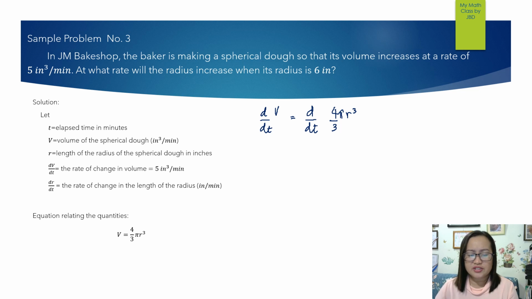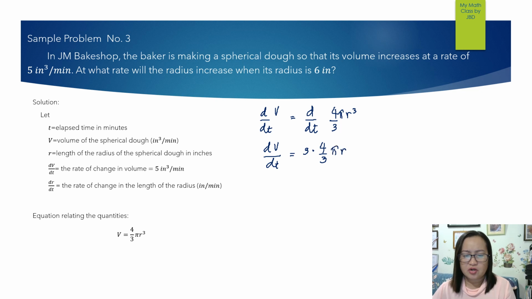Now, differentiating both sides of the equation, we will have dV/dt, and then we will have 3 times 4/3 pi r squared, deducting 1 from the exponent, and then dr/dt.